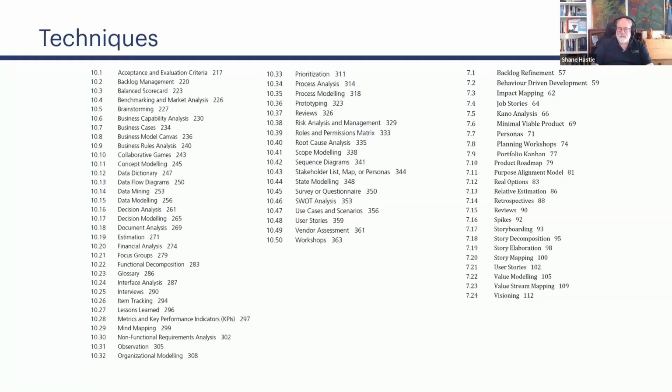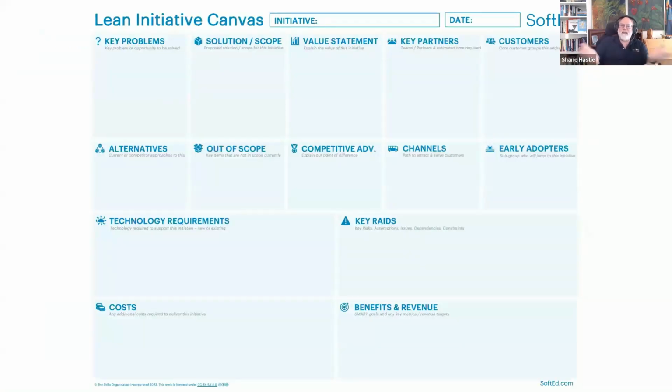If the first time you see, say, one of these, the lean initiative canvas, and here's a recommendation for a framework, one of the tools you want is something that will help you put the project on a page, the initiative in a single space. And we think that for most organizations, the lean initiative canvas is a really powerful tool.